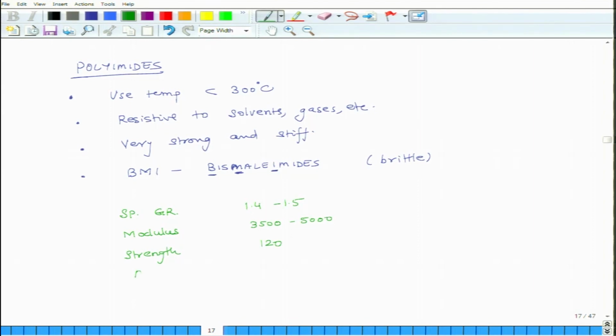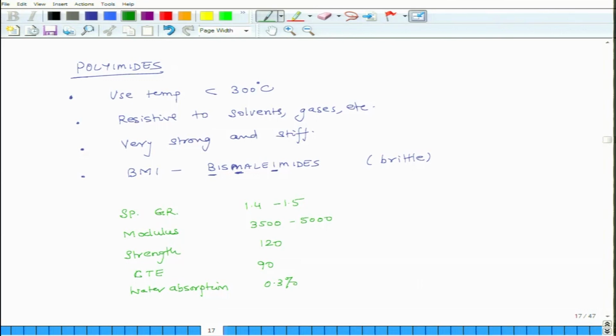It absorbs a lot of moisture, CTE is high, and water absorption is also high, 0.3%.